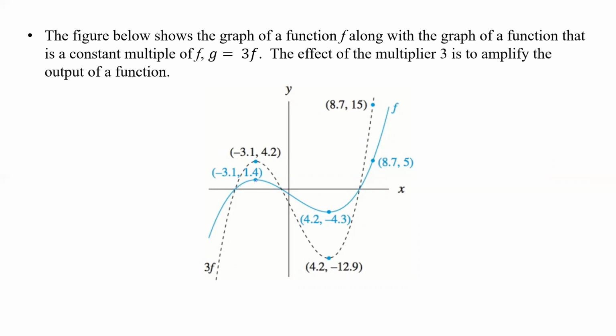Okay, so if we took certain points along the way, in this case we take this one times 3, we're just taking our f of x part times 3, and 3 times that gives us 4.2. And then this one we had a negative 4.3 times 3, negative 12.9. Here we had 5, that gives us 15. And so we get the new function, that's the dotted line. So we basically are amplifying the output of a function by a factor of 3.